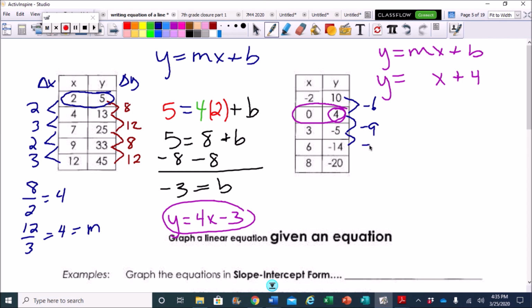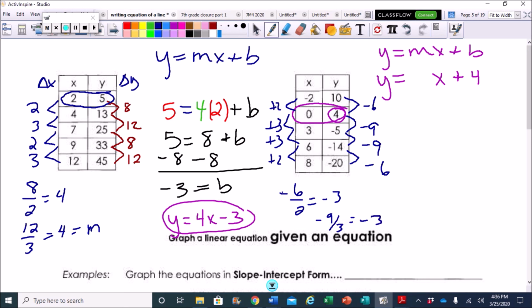Then this is down by 9 again. This is down by 6. So then I have, this is up by 2, up by 3, up by 3, and up by 2. So I have negative 6 over 2, which is negative 3, and I have negative 9 over 3, which is also negative 3. So my slope is negative 3.